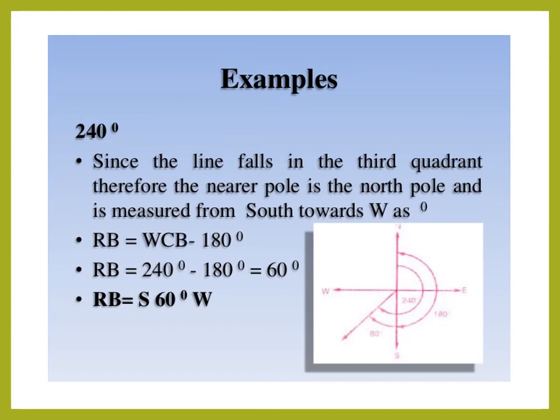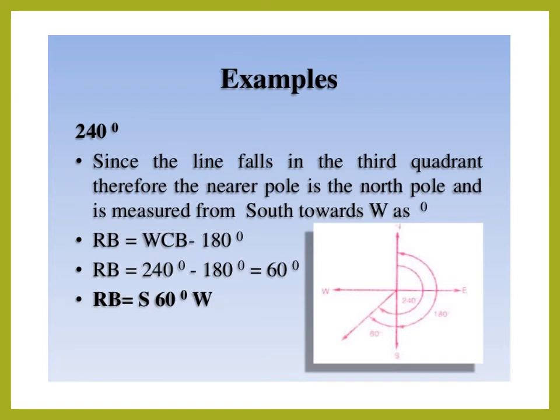So we can see one example of how to convert whole circle bearing into reduced bearing. Here the whole circle bearing is given as 240 degree. If it is 240 degree, first thing we have to find in which quadrant it is located. 240 degree is lying between 180 to 270 degree, that is in the third quadrant.